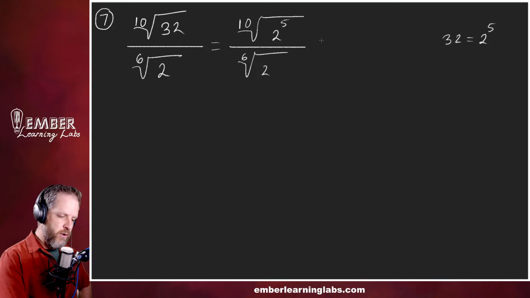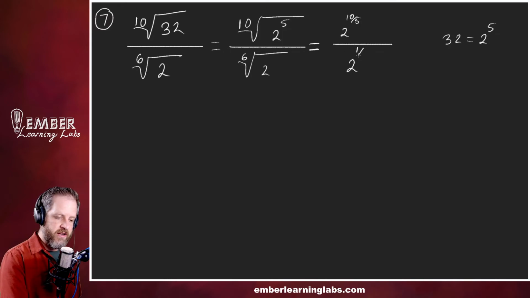This could turn into 2 to the 10 fifths. That's easily reducible. I'm going to switch this one over from radical form to rational exponent form as well. So we're going to turn this into 2 to the 1/6.